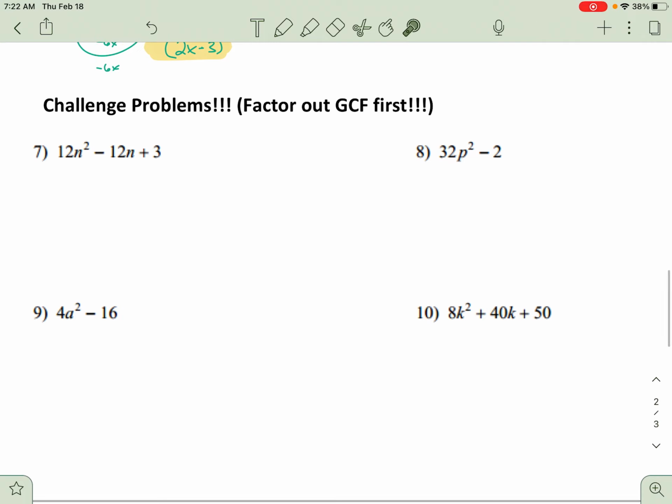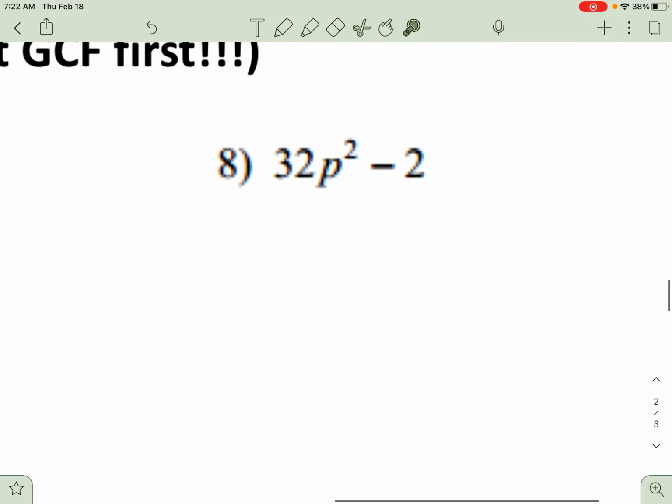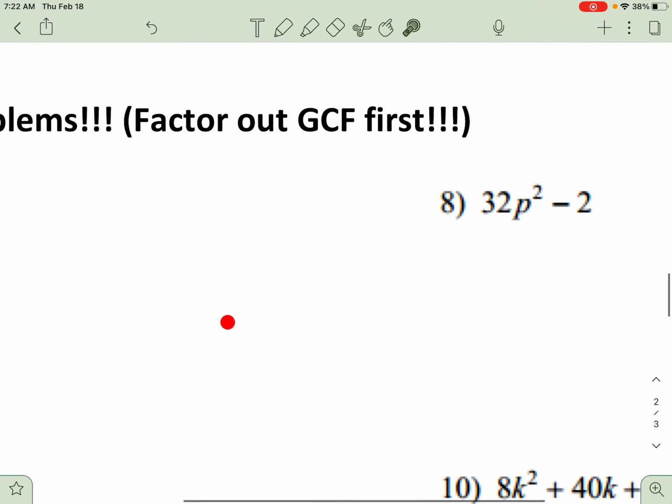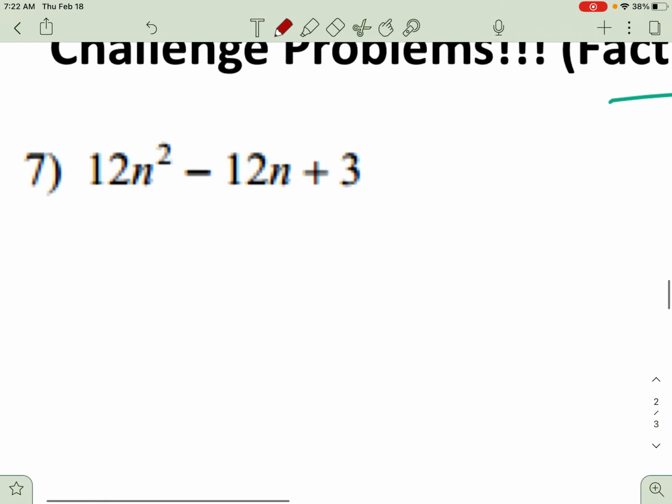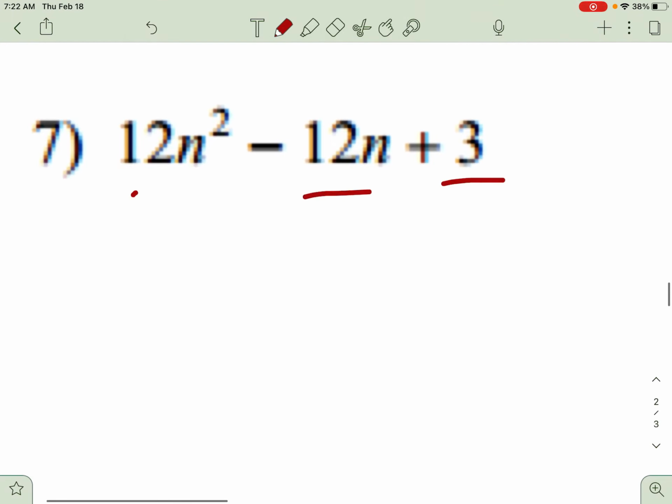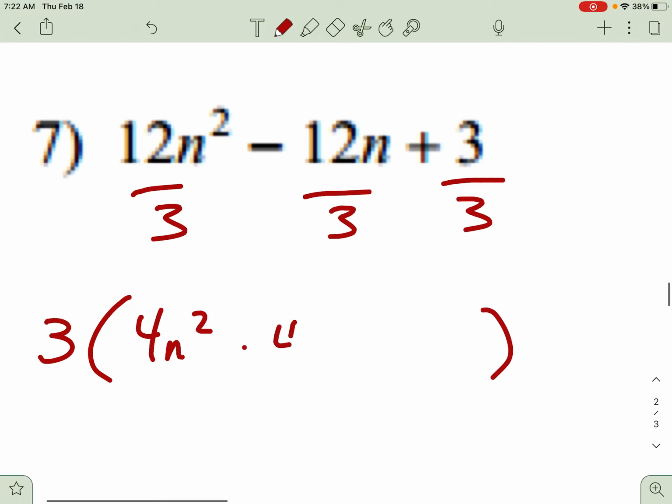Okay, sometimes it won't look like that, right? Like this one's got a negative, so you're like, oh, it's a difference of squares, but these are not perfect squares. However, you always have to factor out the GCF first. So if we factor out the GCF, which in this case would be a 3, that leaves you with 4n squared minus 4n plus 1.